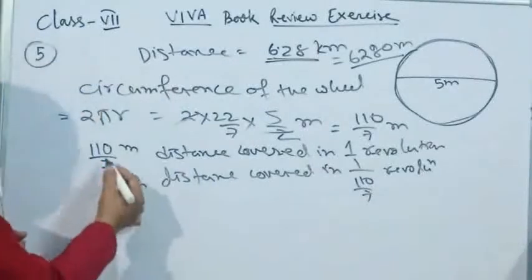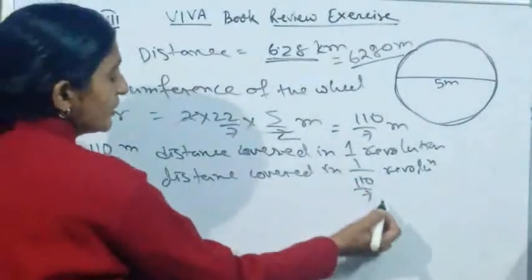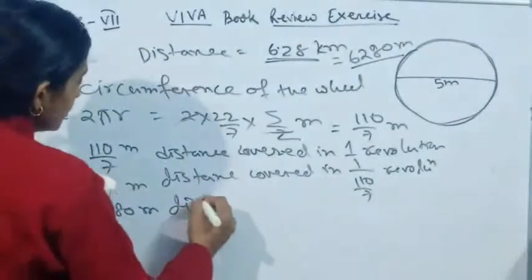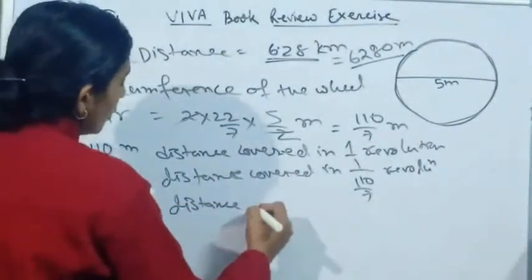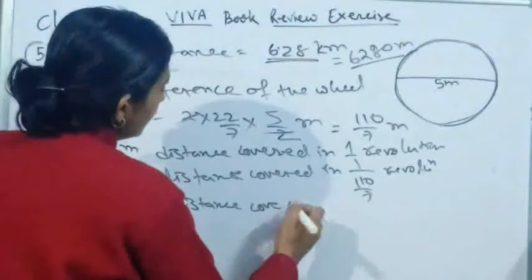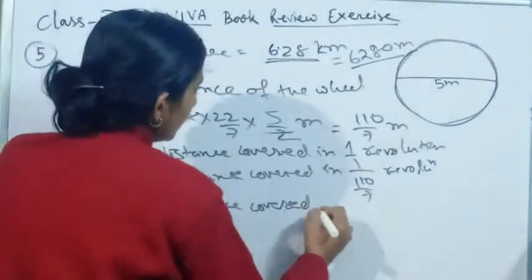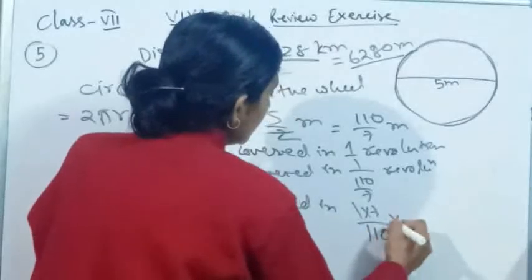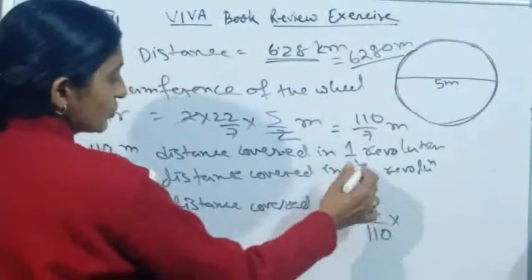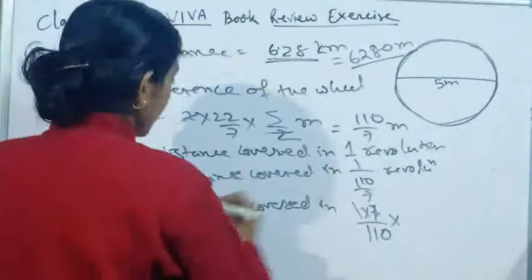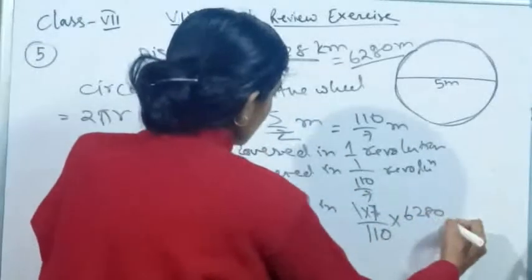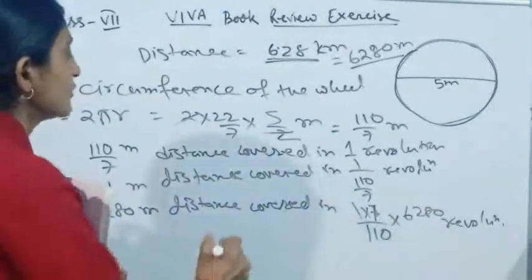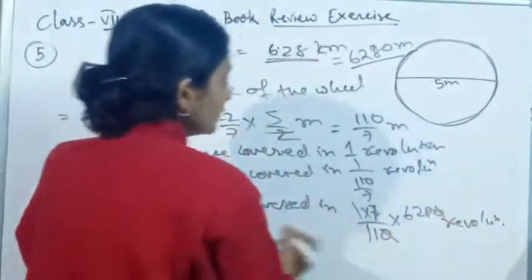Okay, so if 1 meter distance is covered by that, then 6,280 meter distance is covered in how many revolutions? 1 into 7 by 110, that 7 has got reciprocated and come to the numerator, into 6,280 revolutions.